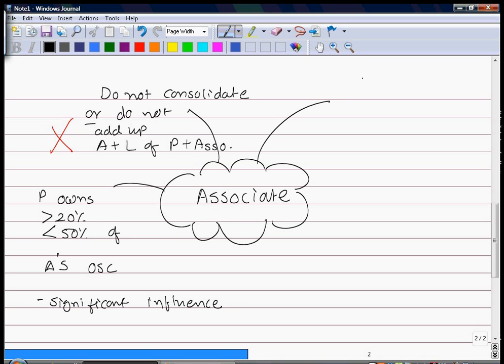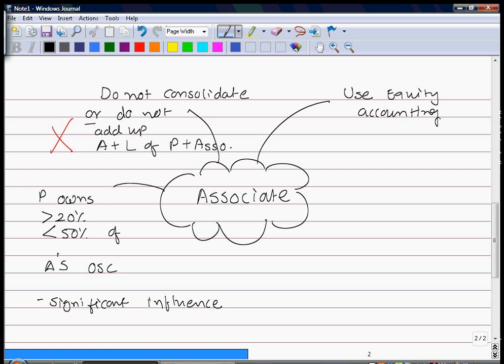So what are you required to do? Well, IAS 28 permits something called use of equity accounting. What this means is that you're going to treat it as an investment.